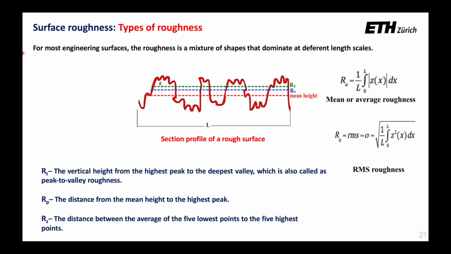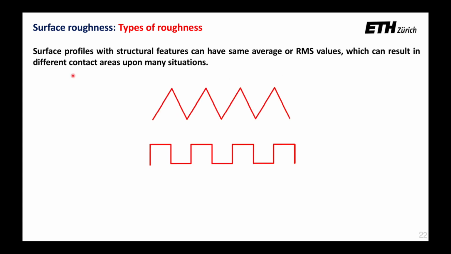So there are many roughness parameters, but for most surfaces the RMS and the average roughness are quite often used, and also other roughness values, Rt, Rp, and Rz, which are also quite often used. They are all amplitude roughness parameters, where the lateral variation of the topography is ignored.